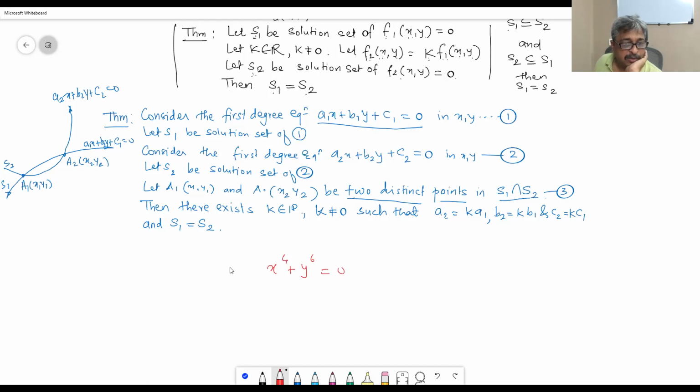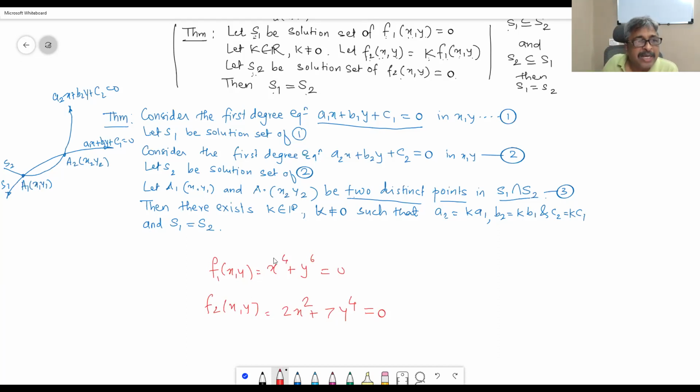This is f1 of x comma y. And f2 of x comma y I consider as 2x square plus 7y raised to 4 is equal to 0. So I am just giving you two algebraic expressions.